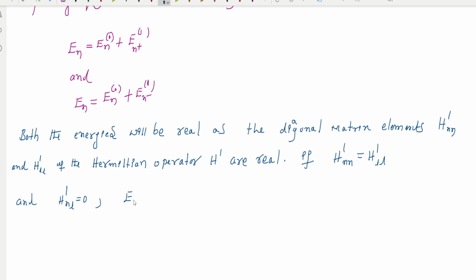Therefore, we can write En plus equal to En minus. And the important point is that the degeneracy is not removed in first order.